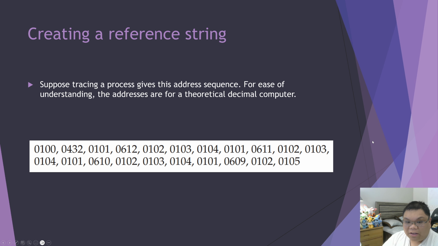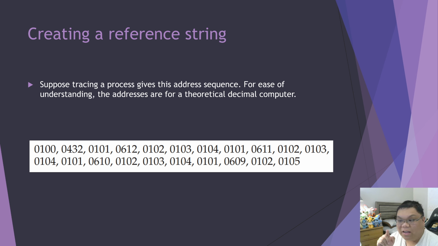And that is the idea of a reference string. It's a string of page numbers that corresponds to what page we are looking at the moment. As a program runs, it's going to generate memory addresses, and it might look something like this.